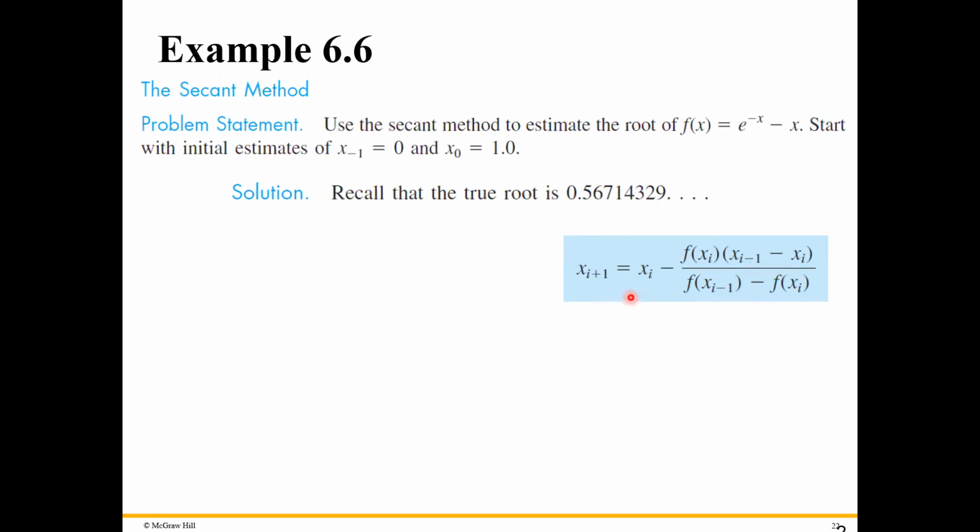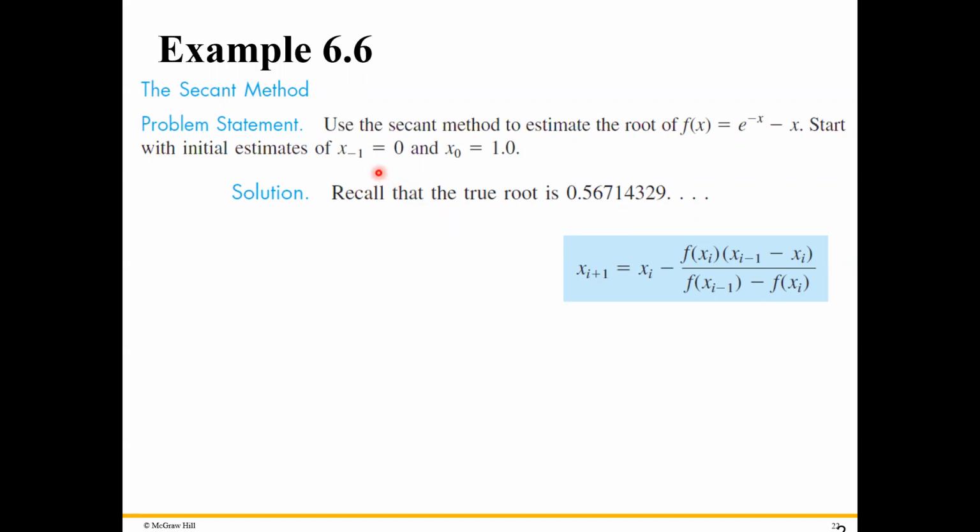divided by f(x_{i-1}) minus f(x_i). This formula determines the next iteration from the previous two iterations. We have arbitrarily chosen the starting values x_{-1} equal to 0 and x_0 equal to 1.